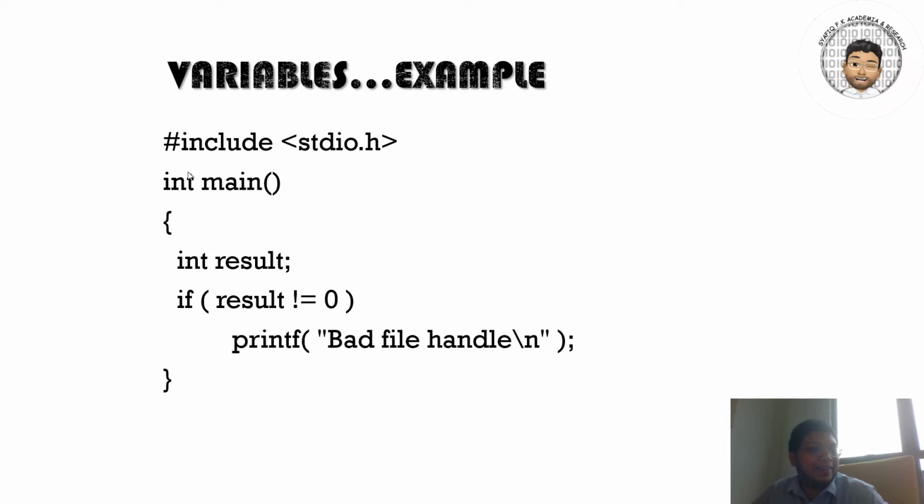Int means result is the variable here. This is defined as a variable. So if the variable result is not equal 0, this is not equal. Now you know not equal. Not equal 0, printf bad file handle. So bad file handle will be displayed in your terminal.